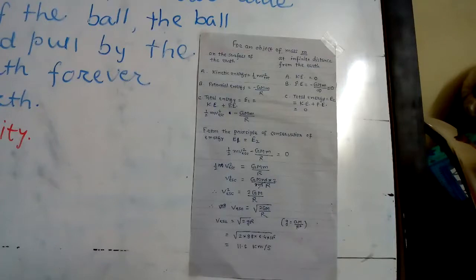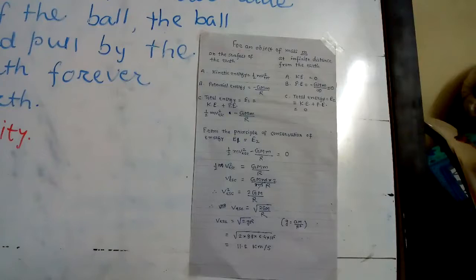We can put down the values of E1 and E2. E2 is equal to 0, that just now we have calculated, and E1 is equal to half m v escape square minus GMm upon R, equal to 0. So minus GMm upon R becomes positive when it goes to the right hand side.